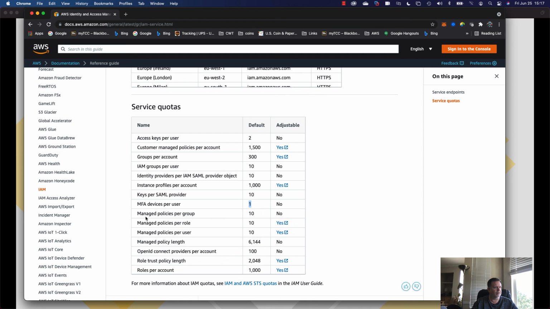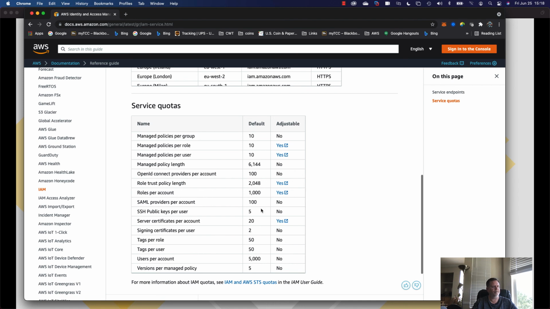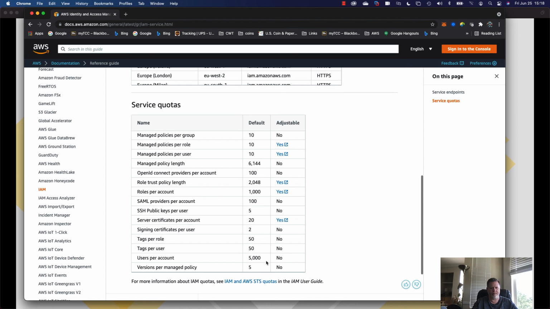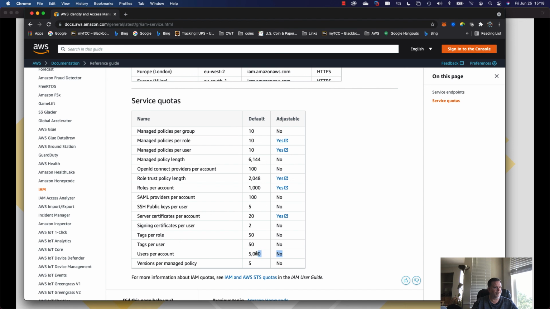But you can only have one device set up for your account for multi-factor authentication. Users per account 5,000, and it's not adjustable. That's a hard limit.